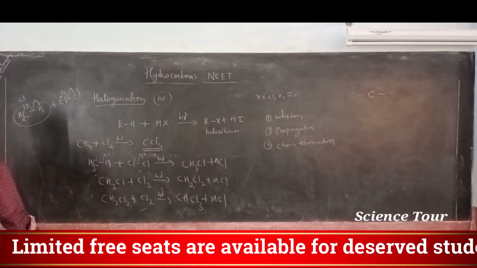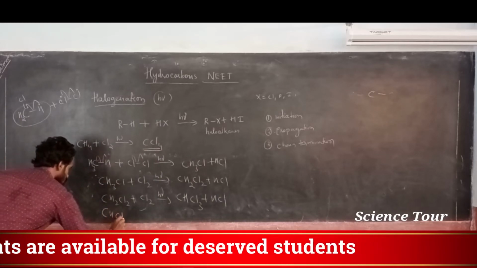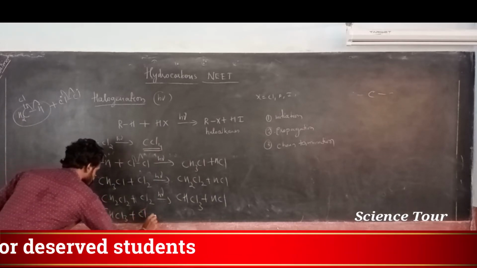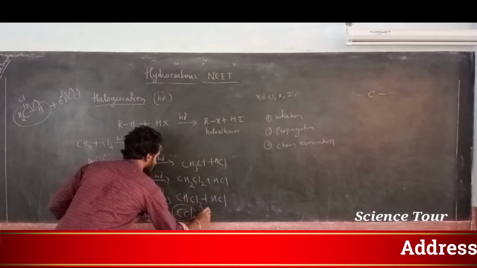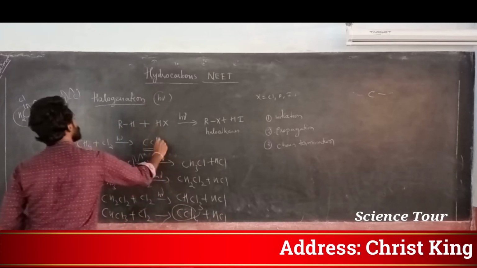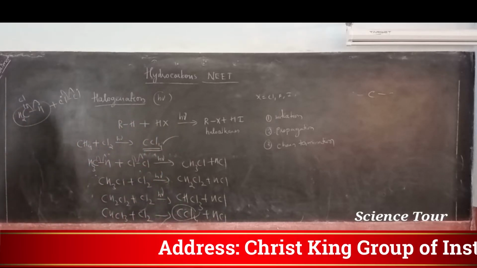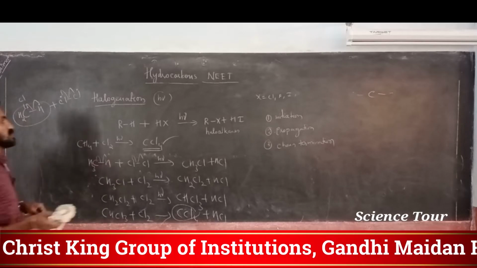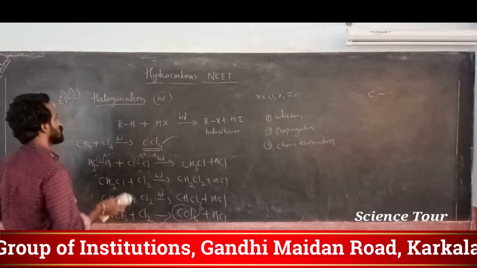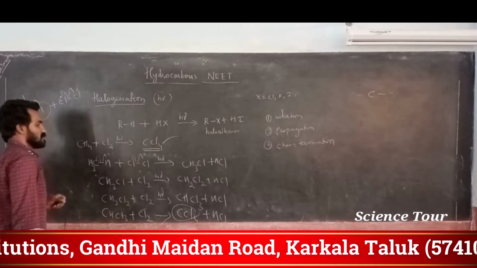Again undergoing reaction, it gives CHCl3, again undergoing free radical mechanism, it gives CCl4. That means you got CCl4, carbon tetrachloride. This whole reaction takes place through chain initiation, chain propagation, chain termination. Understood? Note down, my dear students.